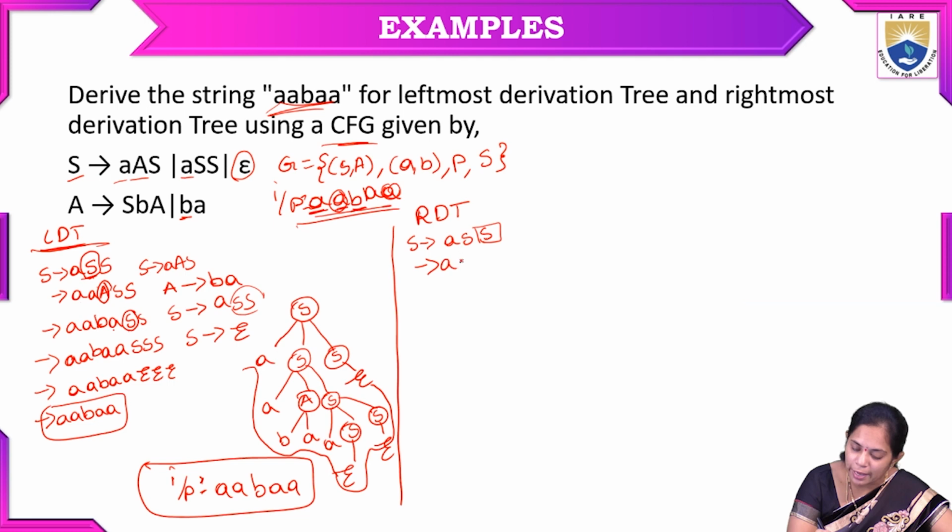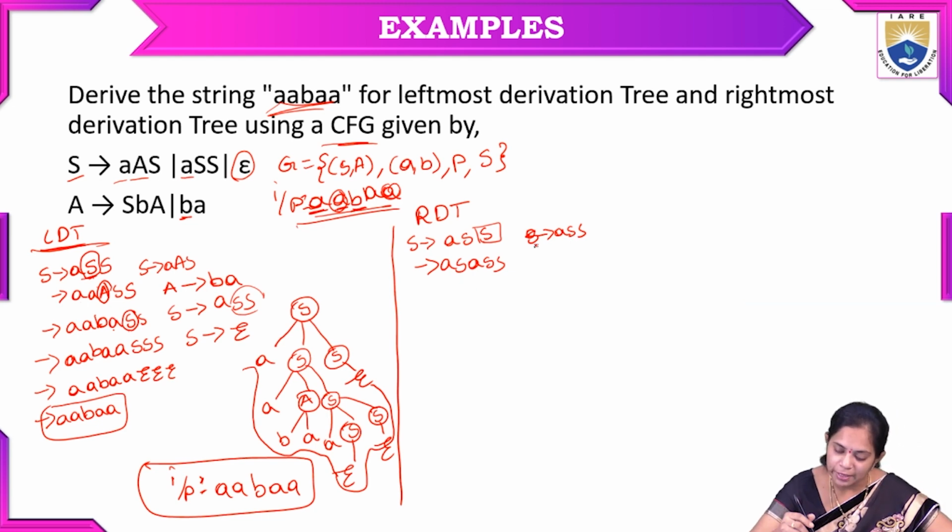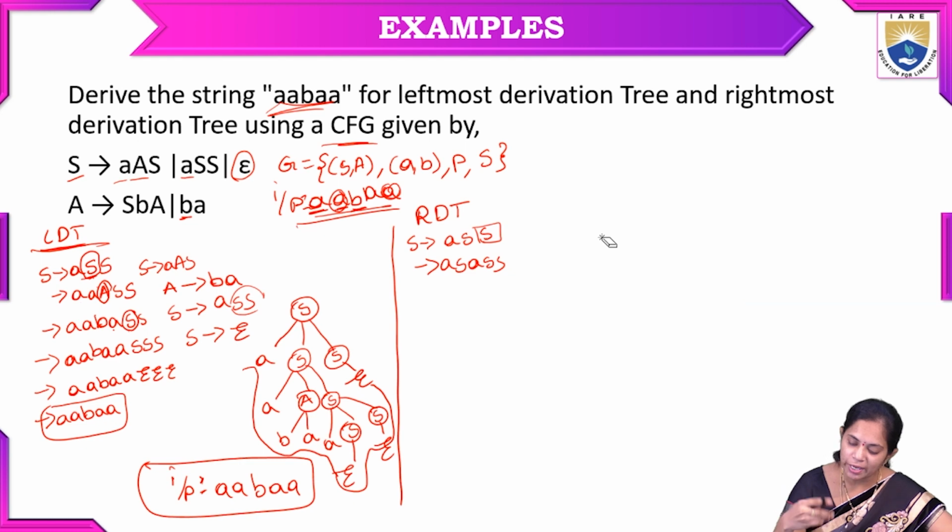So instead of S, we will write A, S, S. So S tends to A, S, S. And next, S tends to A, S.